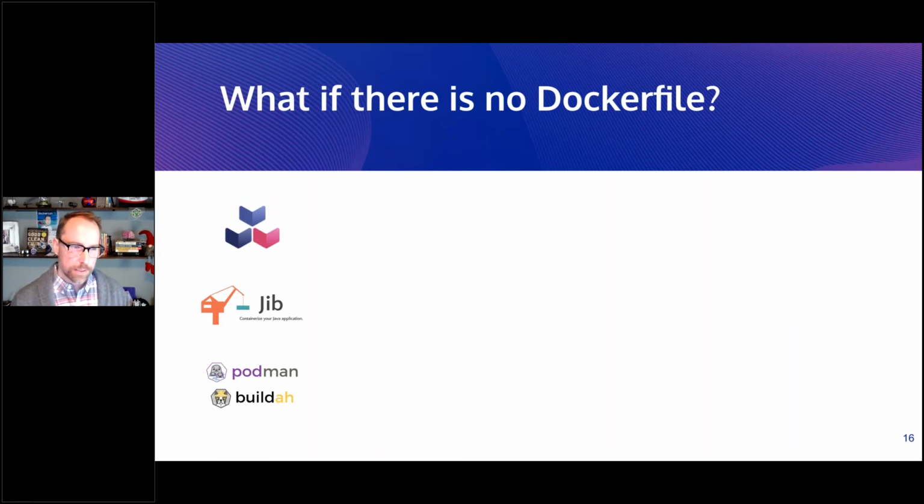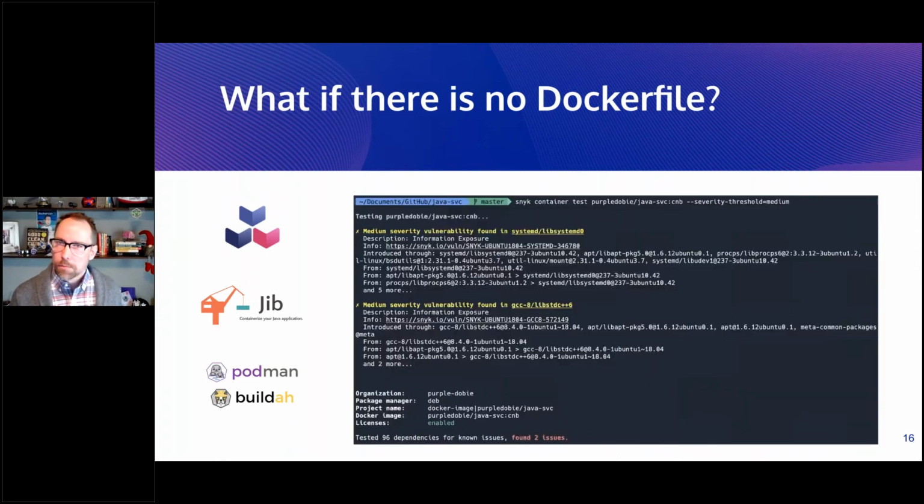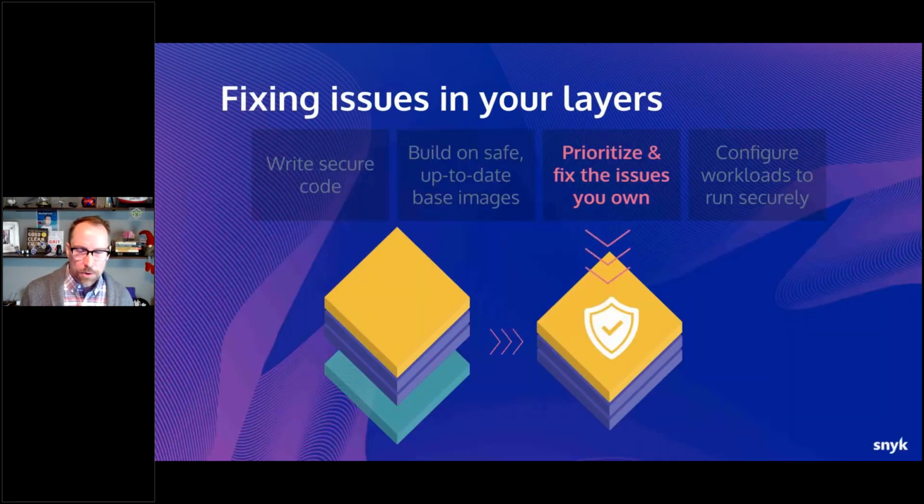There may not be a Docker engine, there may not be a Dockerfile at all. The container build may be part of some other application build, and that's fine as long as they're producing an OCI image. It's not a problem. We can still test those with Snyk Container. We still report on the vulnerabilities, and we can support pretty much any container image that you want to test as well. So all of those things work just fine.